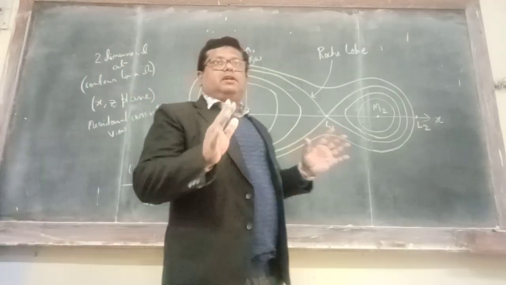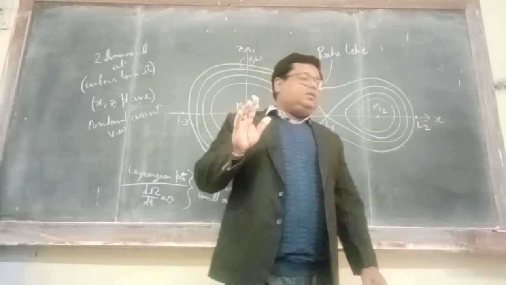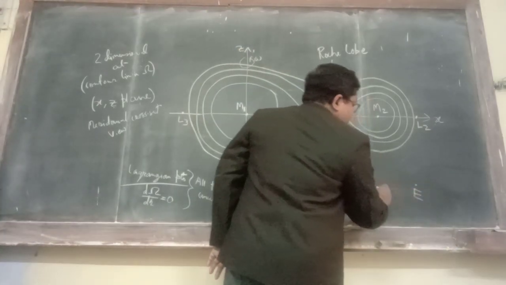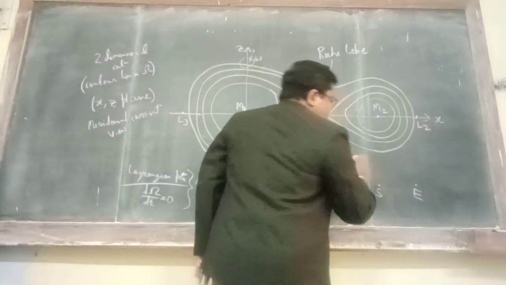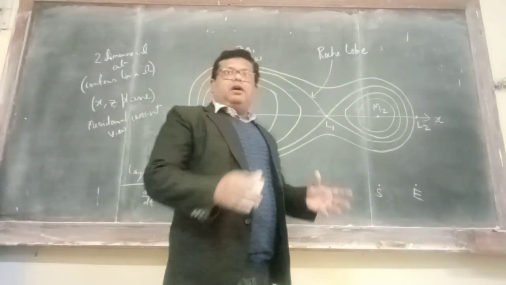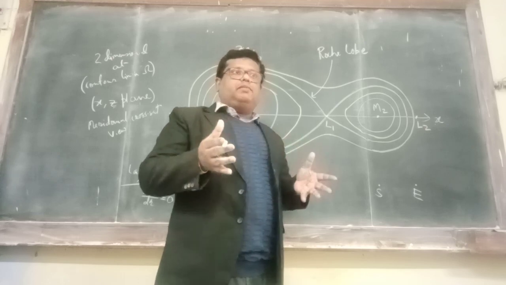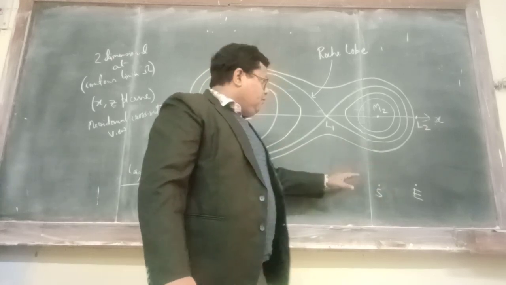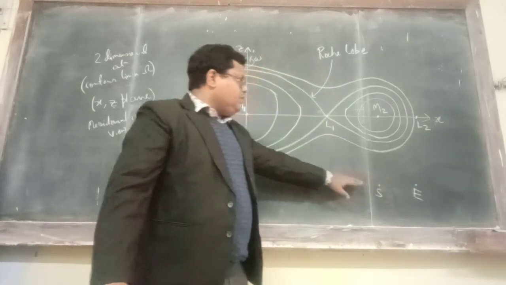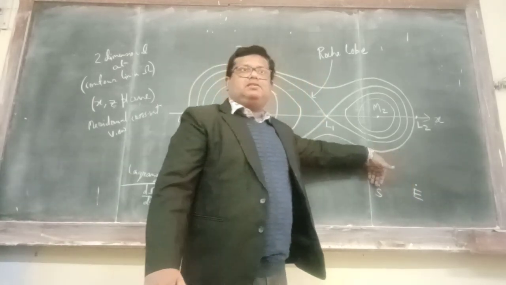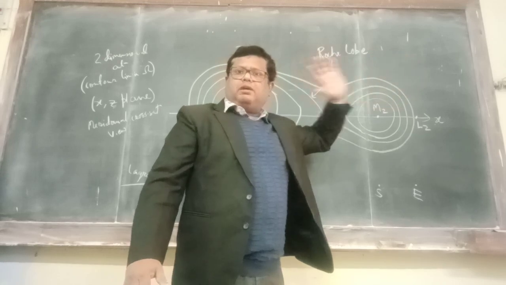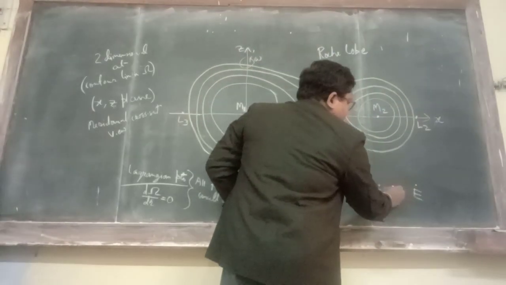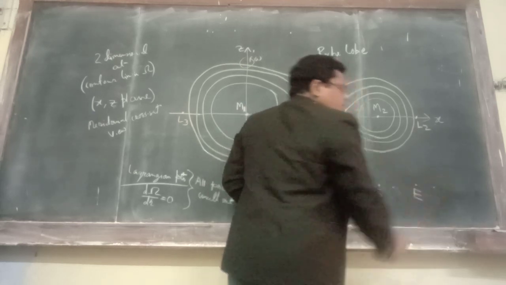Now just consider our Earth. We have our Earth over here, and suppose this is the Sun. The nearest very heavy body near our Earth is the Sun. So if we consider a binary system, forgetting about the Moon and other planets, we will have similar Lagrangian points.